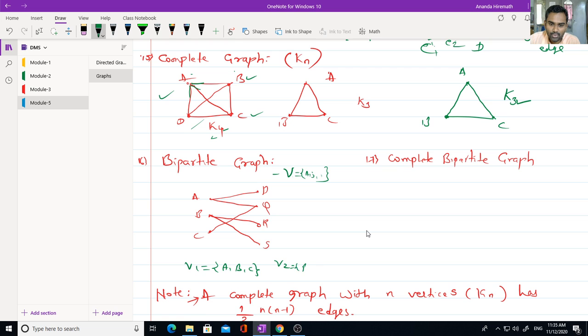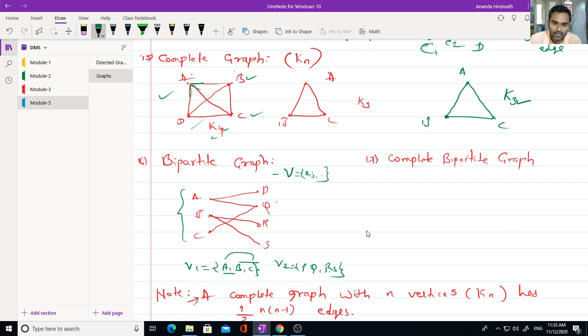On what basis have we made these two sets? See, there is no edge between A and B, or B and C, or A and C. So these three altogether are one set. Even if you observe P, Q, R, S, there is no edge between them.